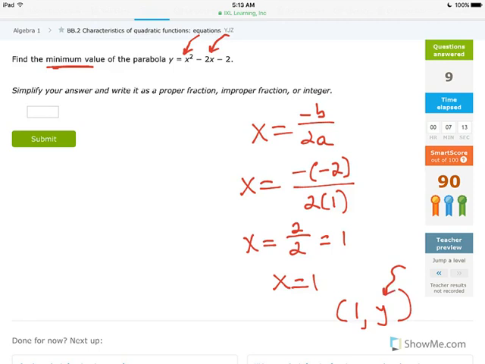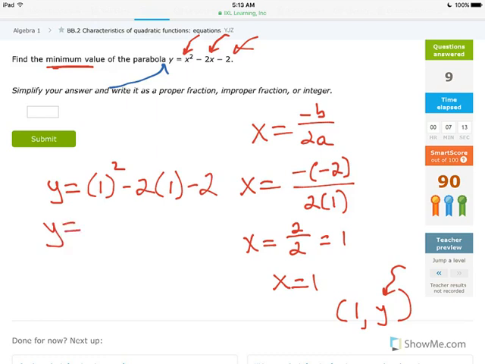And we need to go find that y value. So we're going to go back to our equation that will tell us what y is when we have a certain x value. So we'll say y is equal to, what is our x value? 1 squared, minus 2 times, and again, what's the x value? 1, minus that constant, -2, and then just compute.